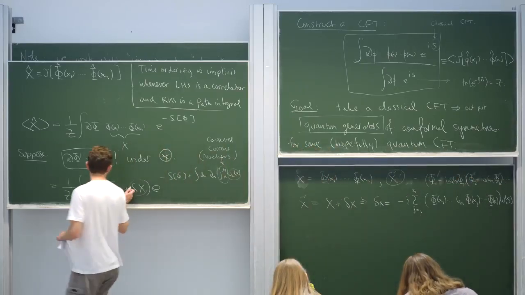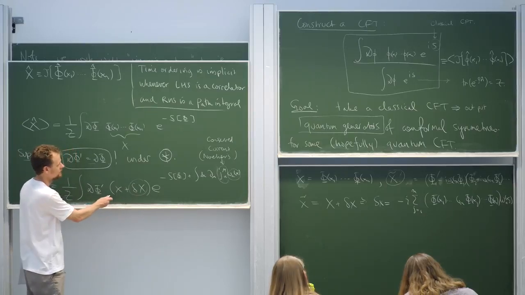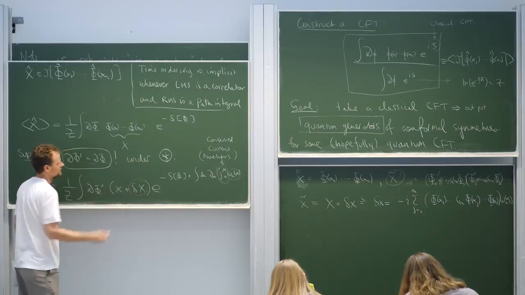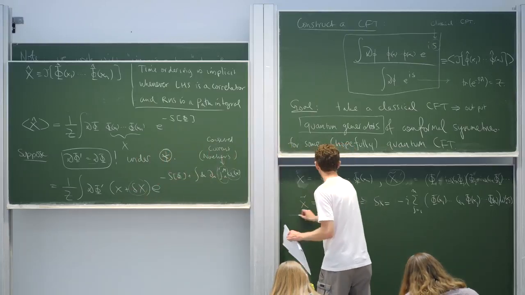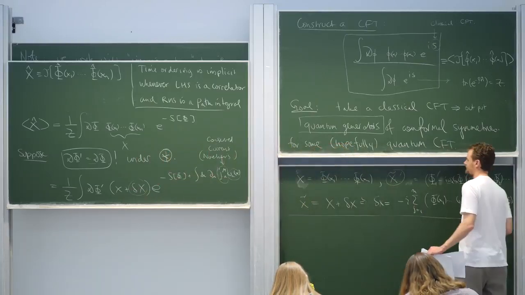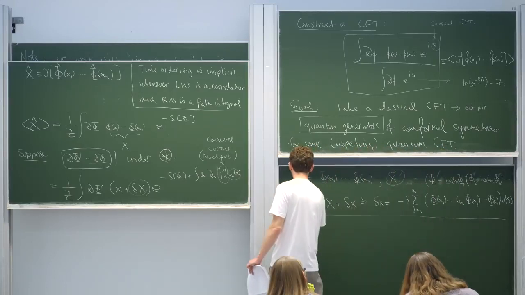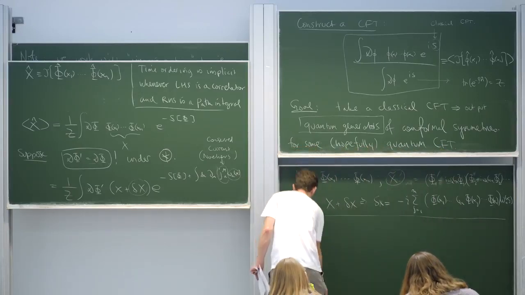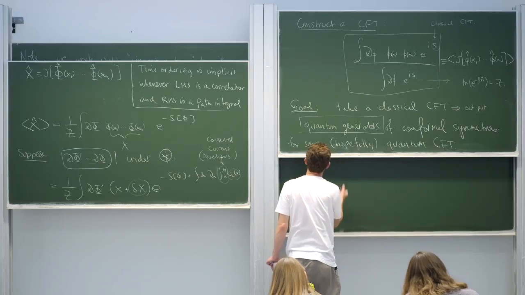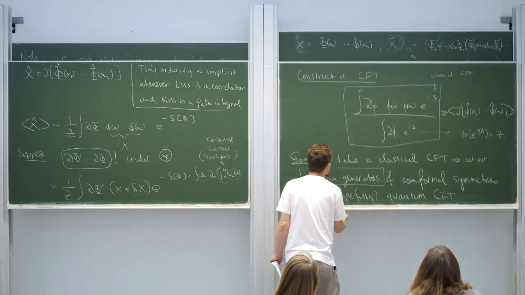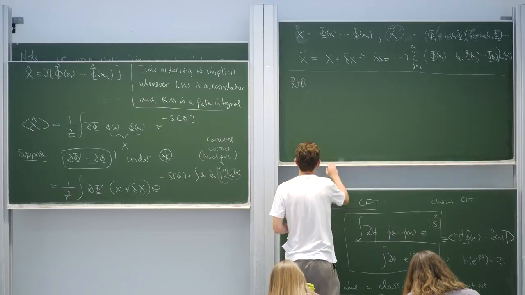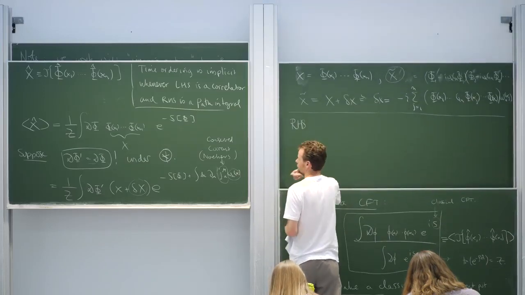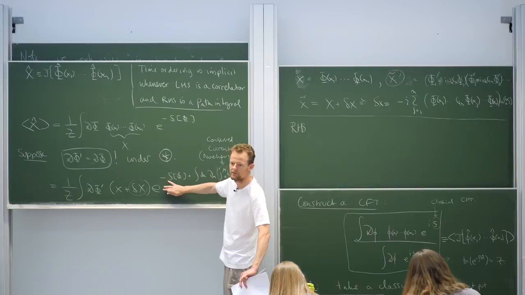And then we can also use this observation here to write the right-hand side to order omega. So let's just expand out this expression now to order omega and see what we get.